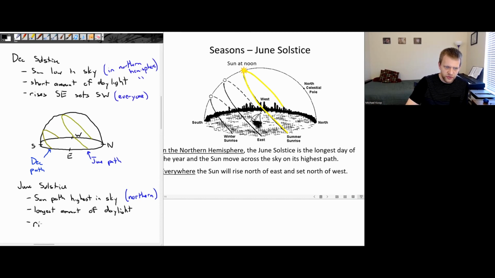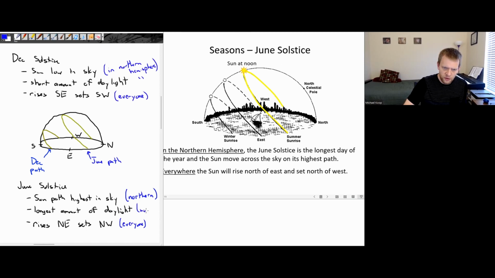And the sun rises, sorry about that. The sun rises in the northeast and sets in the southeast. Sorry, sets in the northwest. My apologies. Rises northeast, sets northwest, and that one is for everyone.